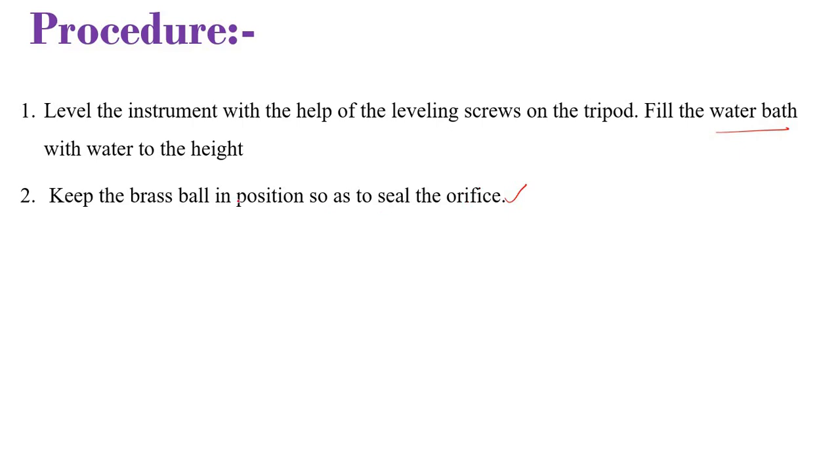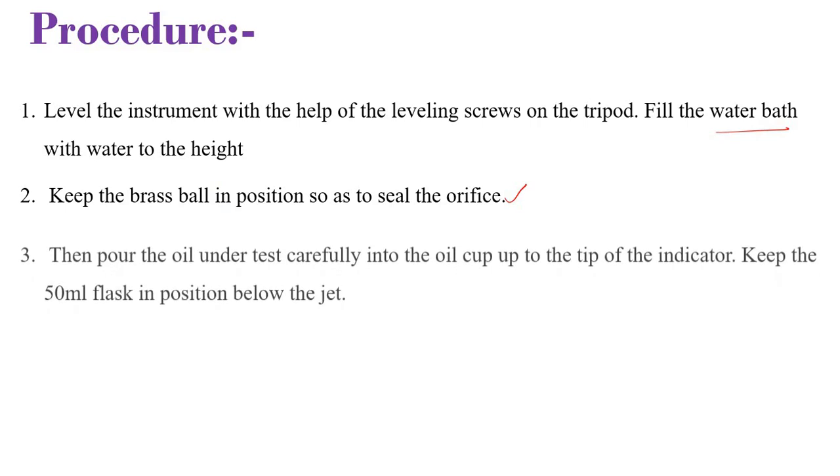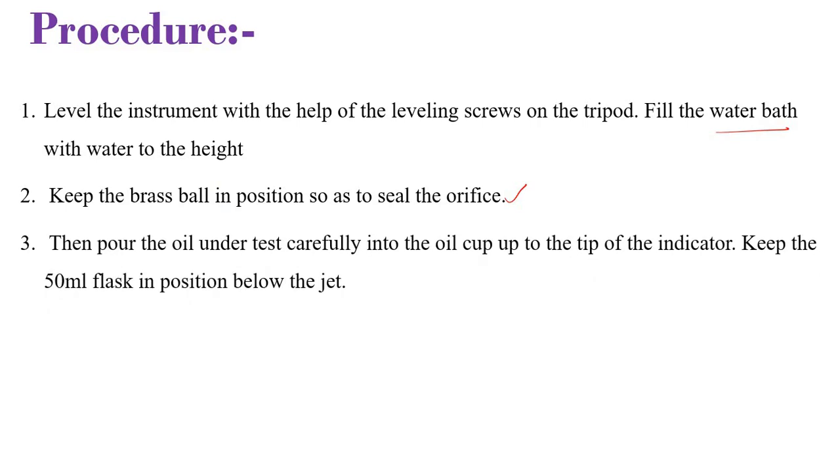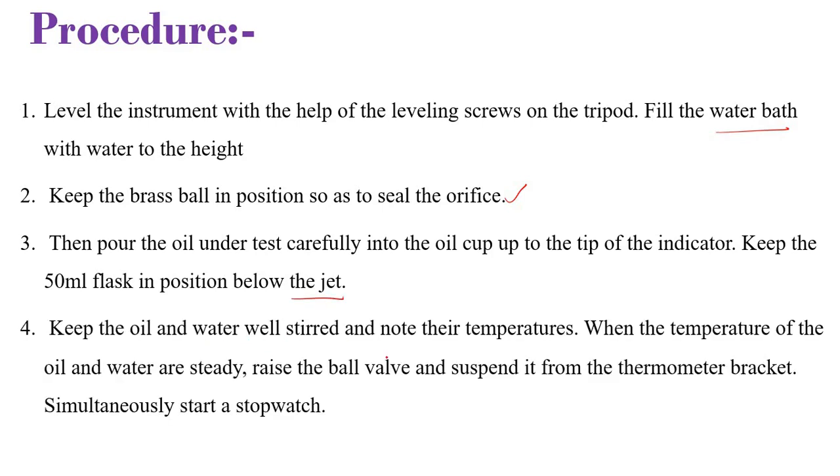Then pour the oil to be tested into the oil cup up to the tip of the indicator. Keep the 50 ml flask below the jet. Keep the oil and water well stirred and note their temperatures. When the temperatures of oil and water are steady, raise the ball valve and suspend it from the thermometer bracket. Simultaneously start the stopwatch.